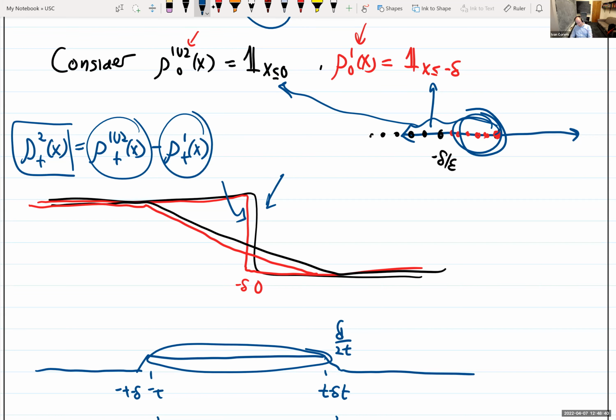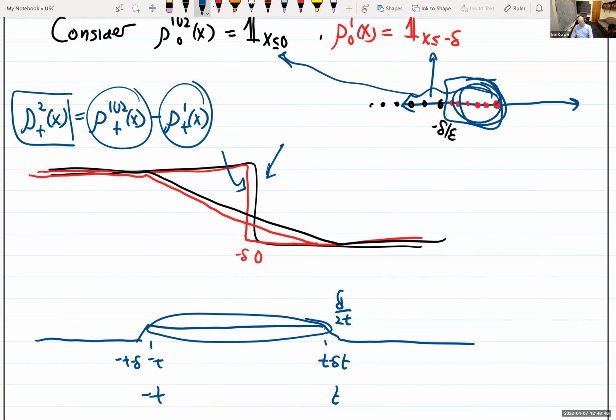So that's telling me that the evolution of this large mass of second class particles should converge to the difference of these two solutions. In other words, it should be uniform between minus t and t. And so if I looked at just a single particle, maybe the one at the origin, maybe just a randomly chosen one in this large mass, then its distribution normalized by t should be uniform on [-1, 1]. And that's what this is saying.